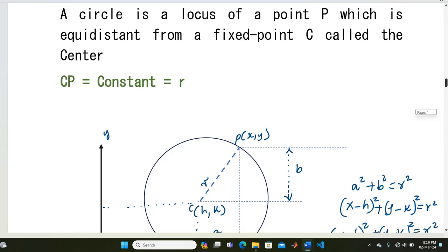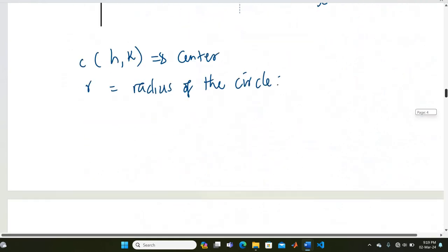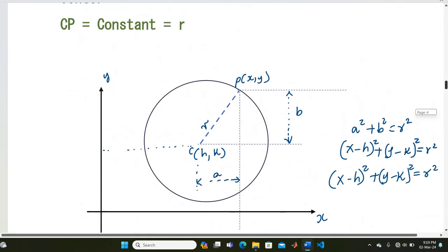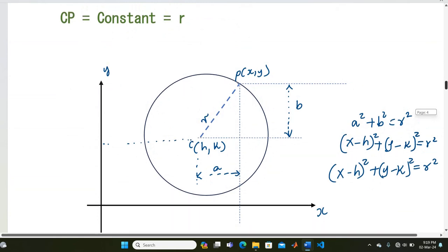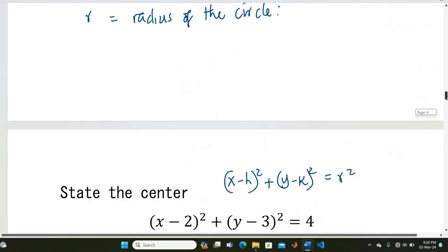And we have defined it to be the radius of that circle. Then we have gone ahead to use the Pythagoras theorem to generate the general form of this equation.